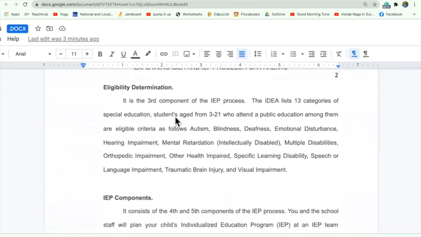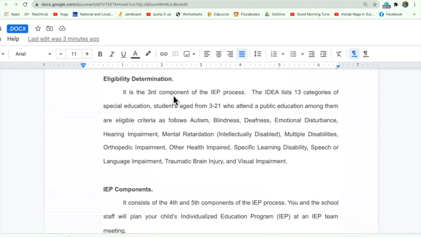Eligibility determination. It is the third component of the IEP process. The IDEA lists 13 categories of special education students aged from 3 to 21 who attend public education.